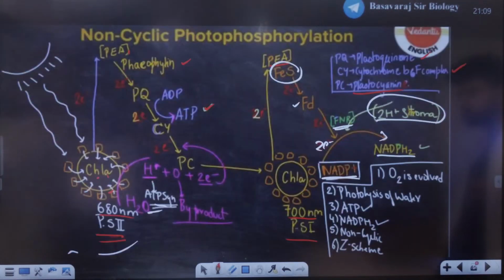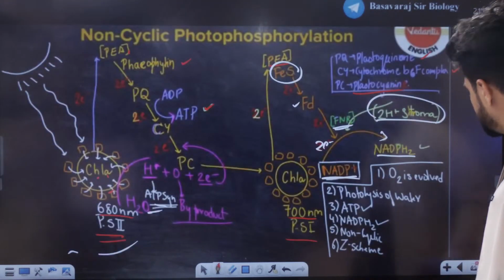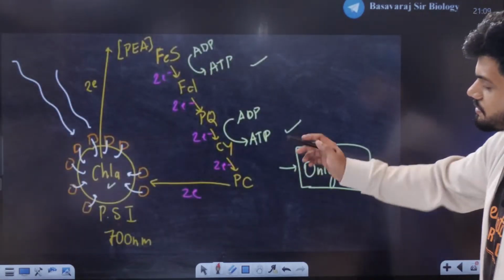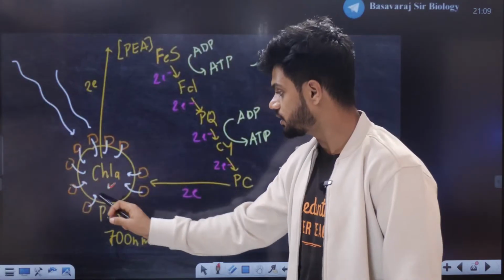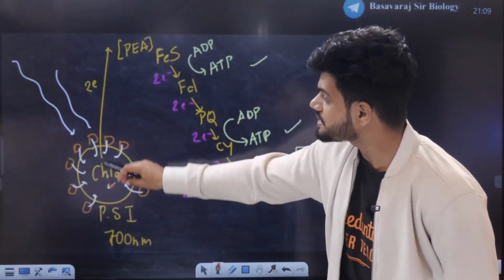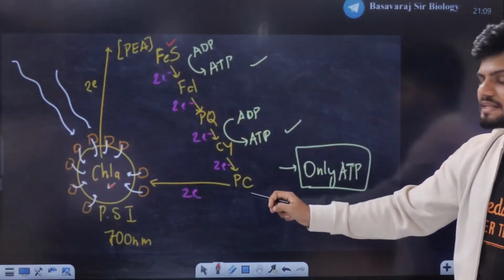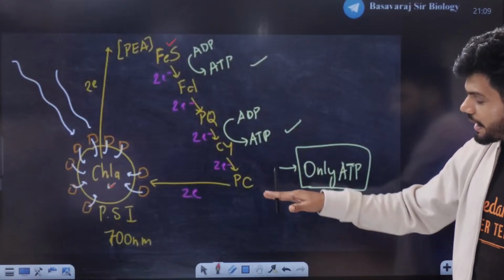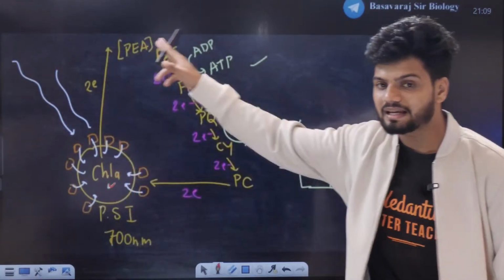Next. Once non-cyclic is over, next thing is called cyclic. Cyclic is even more simple. Again, chlorophyll A is the main boss. All the energy is being sent here. Electrons are excited. Primary electron acceptor, FeS, FD, PQ, Cyt, PC. Same thing again. But here, electrons are sent back to the chlorophyll A itself. There is a complete cycling of electrons here.